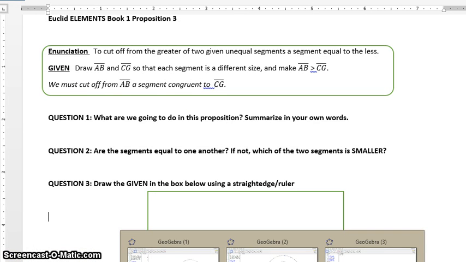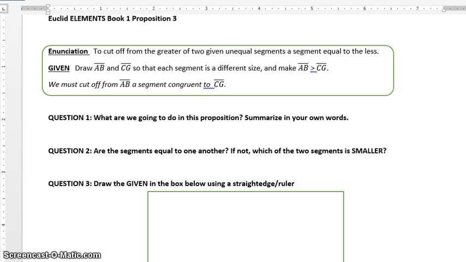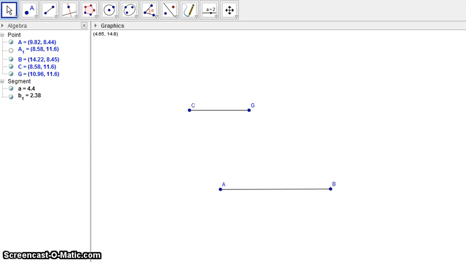We're going to start off by looking at Euclid Elements, Book 1, Proposition 3, the tutorial for the homework. I'm going to describe what we're going to do, and then we're going to go through questions 1 through 3. What we're given in this homework is two different segments, CG and AB, and AB is bigger than CG.